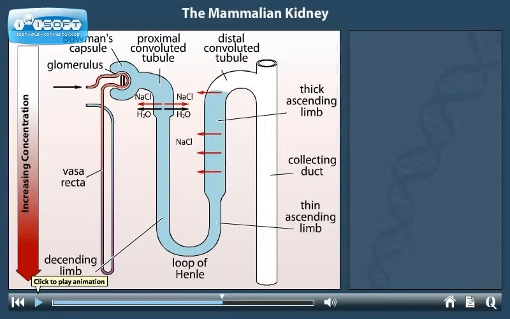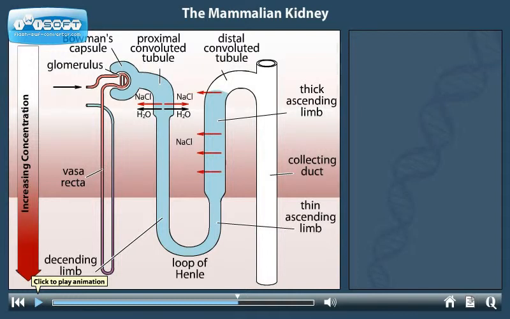Chloride ions follow passively. The thick ascending limb is not permeable to water, so the reabsorption of sodium and chloride ions out of this part of the tubule is not followed by the outward diffusion of water. This reabsorption of sodium and chloride ions raises the concentration of solutes in the surrounding tissue fluid.